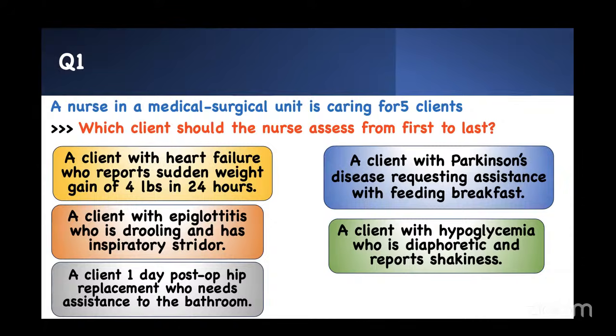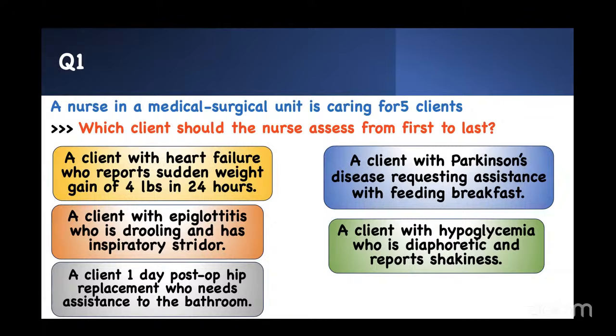And I have a hypoglycemic patient who is diaphoretic and reporting shakiness. Who do you want to see? You have 1 second. You got to be sharp. Who is in trouble? Who you don't have time with? What do you think? If you know it, arrange them in the order you will see them. And let me think. Put it in the comment and let's take a look at it.